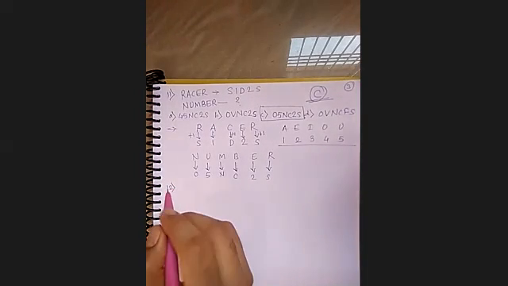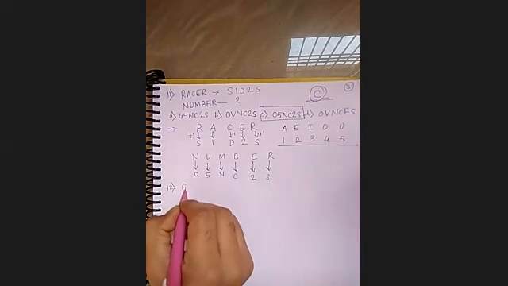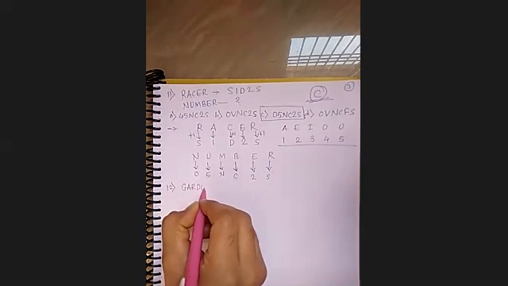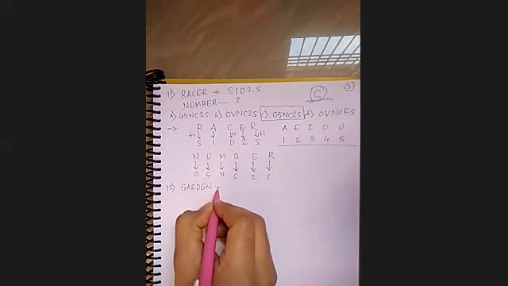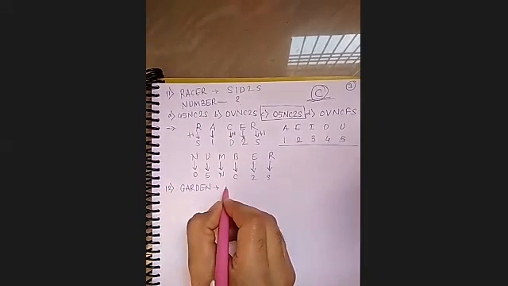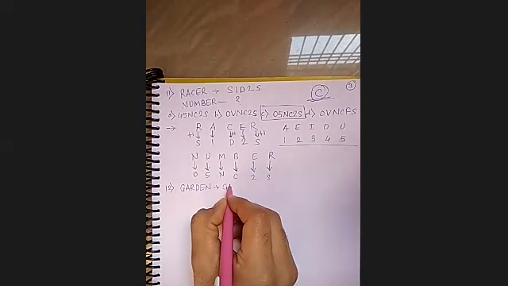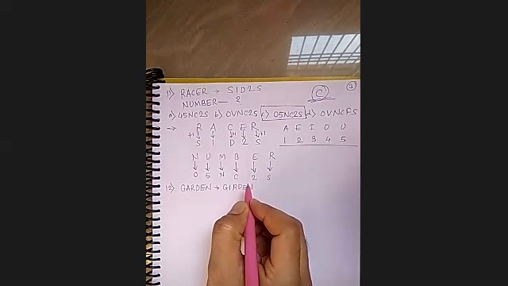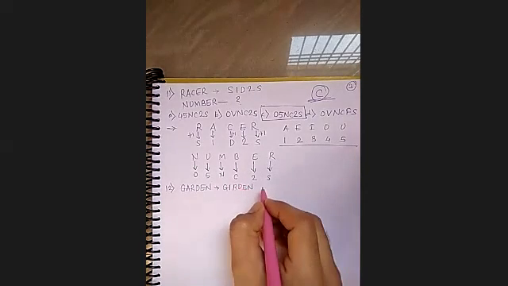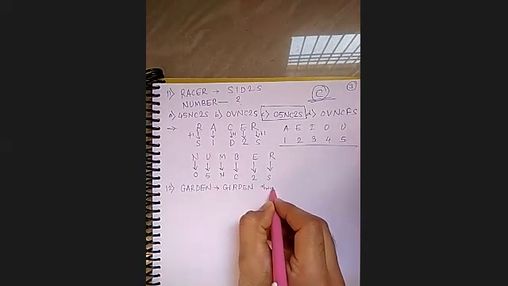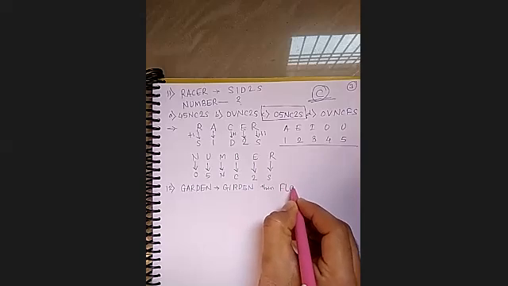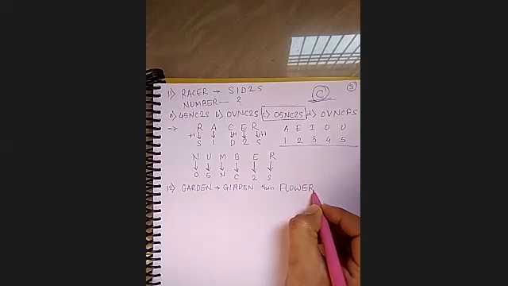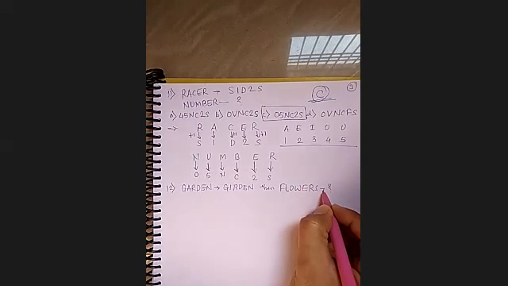Next one. If GARDEN is written as G1RD5N, then FLOWERS is what?